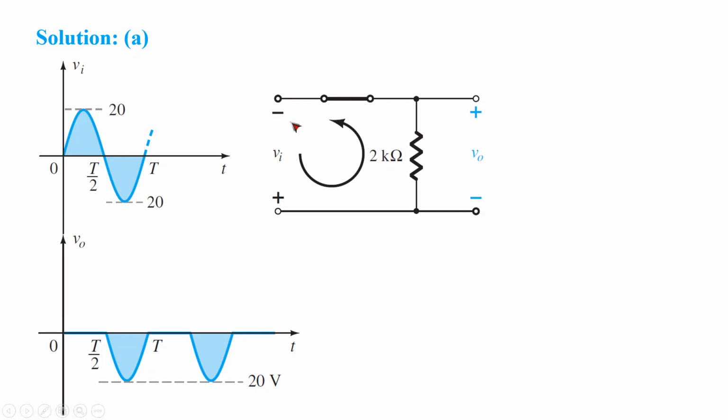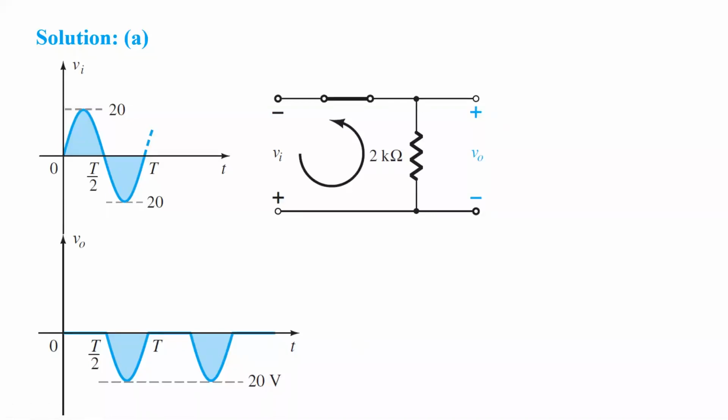How much? Whatever the input is in the negative half cycle, you will have exactly the same output. That means this circuit is taking away your positive half cycles but giving away the negative half cycles. Your positive half cycles are gone but your negative half cycles are there.